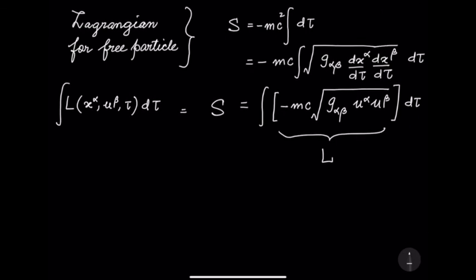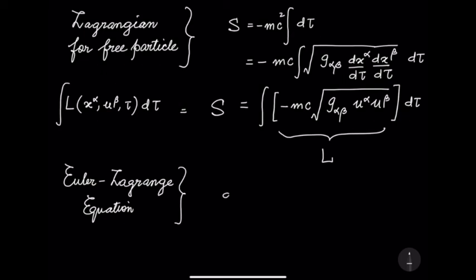Once you know the Lagrangian, let us try to write down the Euler-Lagrange equation. The Euler-Lagrange equation will be, in this case, d by d tau of del L by del velocity, which is u alpha, minus del L by del x alpha equals 0.